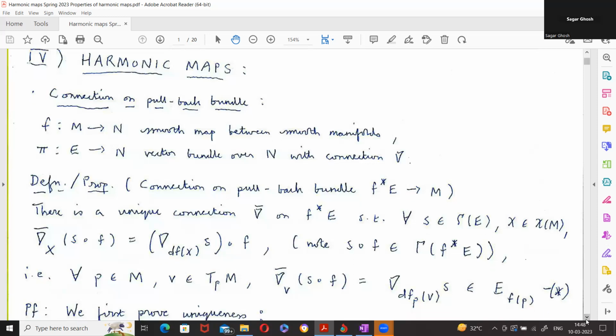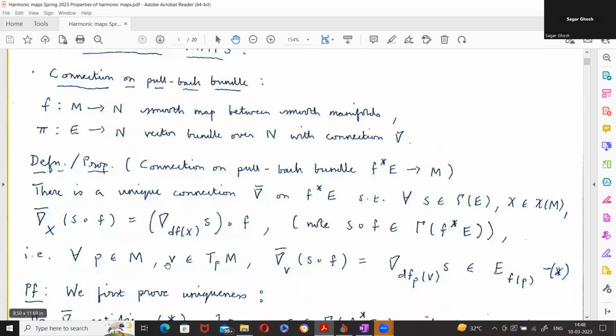So what that means is, for any point P in M and for any vector V in T_P M, my tangent vector V applied to the section S composed with F of the pullback bundle F star E, that is nabla bar V of S composed with F, should be equal to the tangent vector DF_P(V) applied to the section S of E on N. So this should be nabla sub DF_P(V) of S. Is this clear?